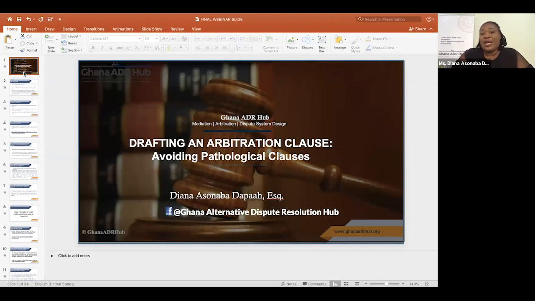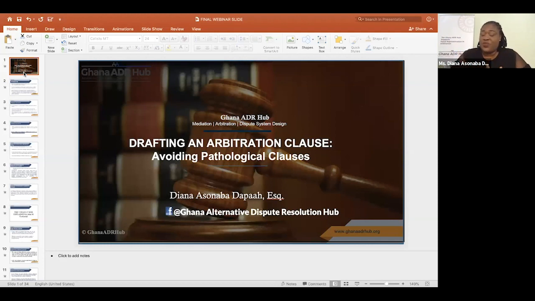At the heart of ADR is what we call party autonomy. Party autonomy means, among other things, that the parties determine the procedure for resolving their disputes through one of the methods of ADR. In this case, we're going to focus on arbitration.